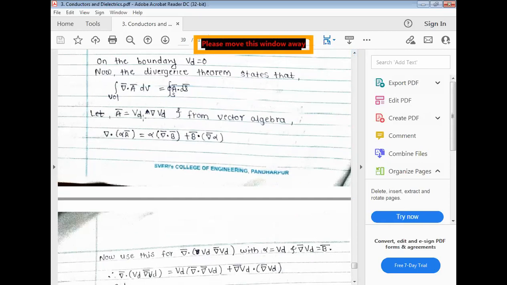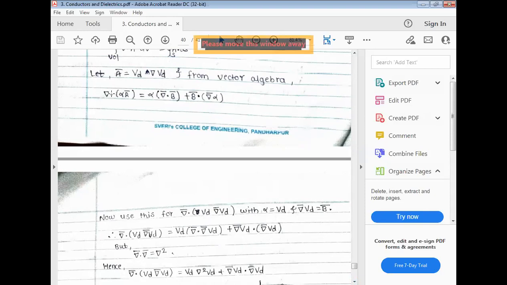So A bar is Vd into del Vd, so it is del dot Vd into del Vd, with alpha equal to Vd. This alpha we have to consider, and this del Vd we have to consider as B bar.